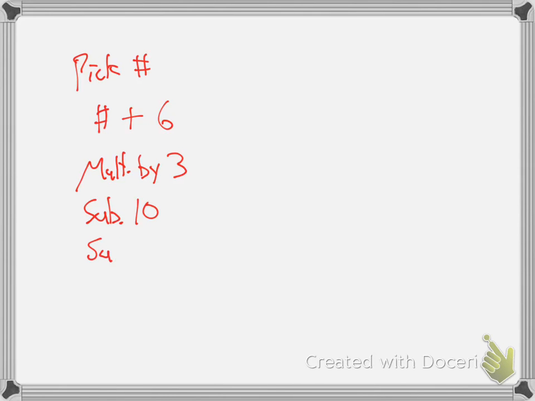Now, subtract your original number. Subtract your original number. The number that we picked. Yeah, the number you originally picked. Right, subtract the original number you picked from your current total. You with me? Okay. Now, divide by 2.